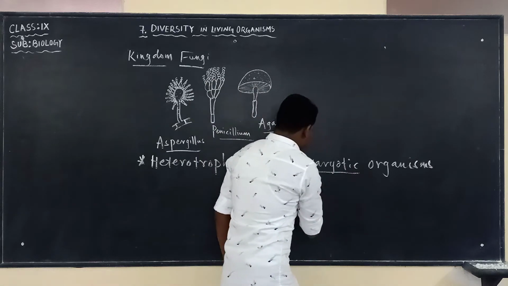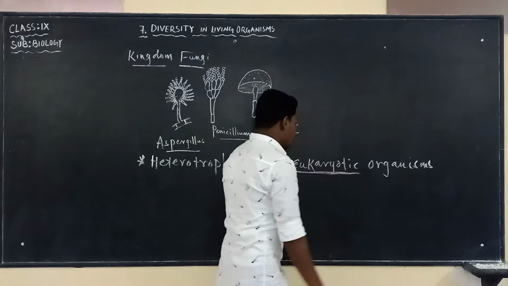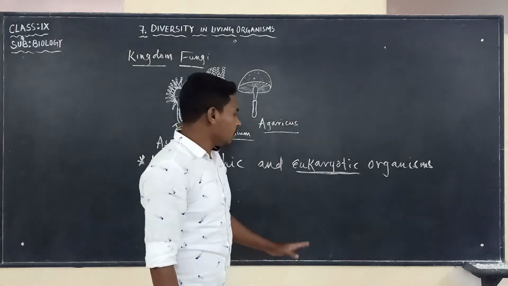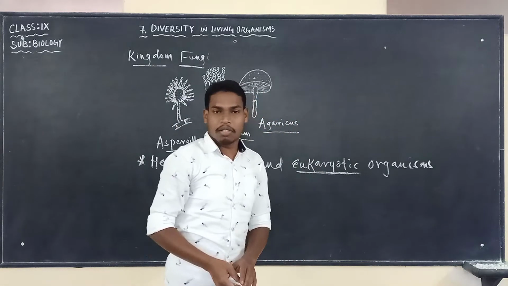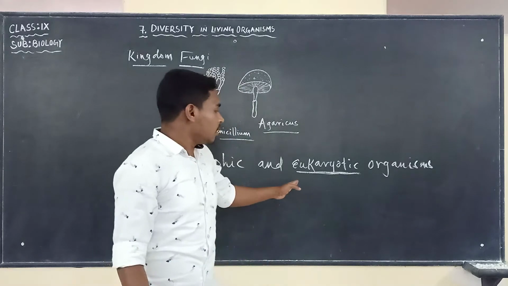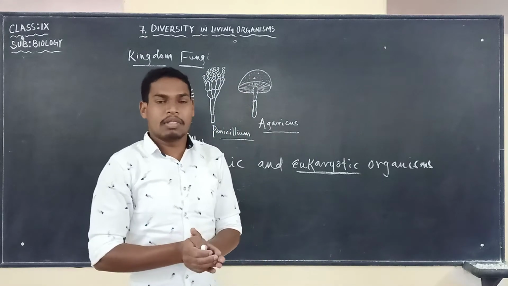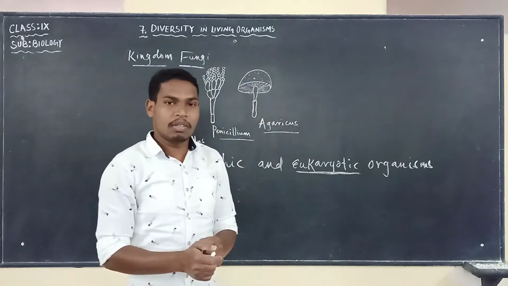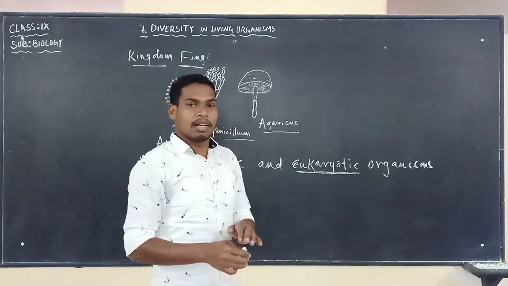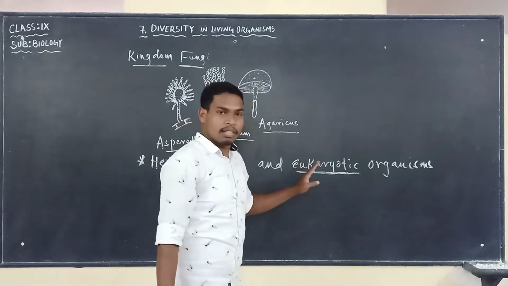You might know that in previous classes I told you about eukaryotic organisms. Eukaryotic organisms have membrane bound cell organelles, including a membrane bound distinct nucleus too.